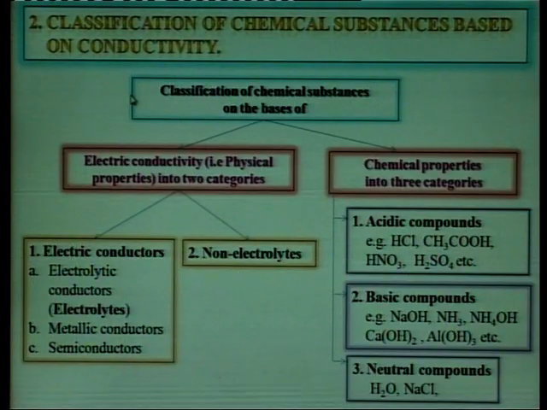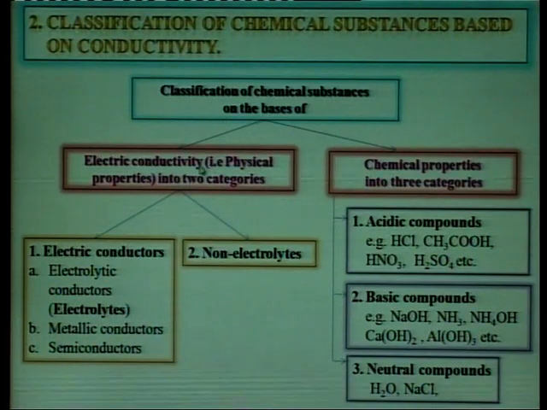So let us come to the classification of chemical substances based on conductivity. I am not going into detail about conductivity. Conductivity is a property of a material which can conduct electric current. Based on that property, we can classify chemical substances into two broad categories.